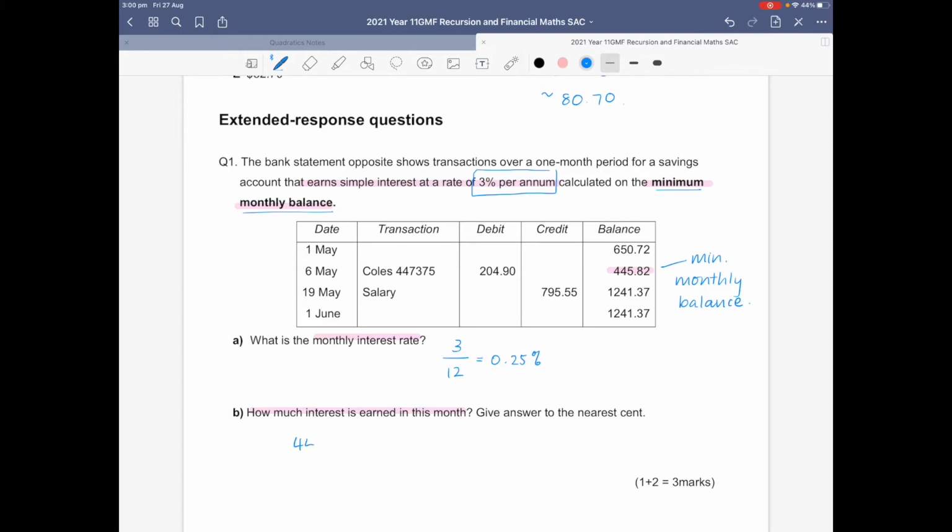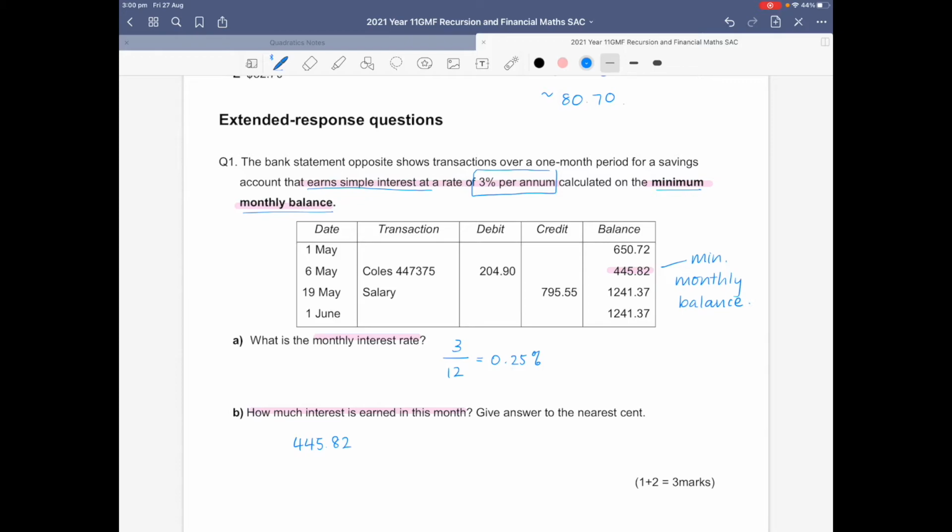So in this case, $445.82. We know that it earns simple interest. So I'm actually going to use the simple interest equation here, and with the interest rate, we can do one of two things.